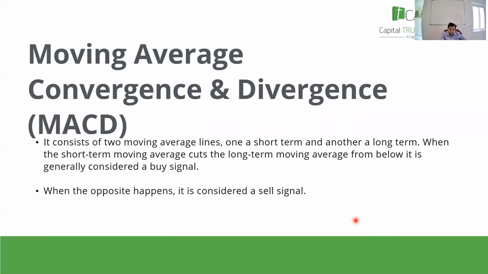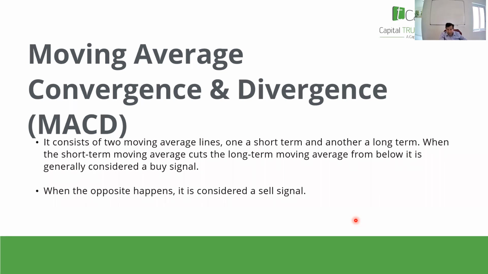Usually the long term one is an EMA, an exponential moving average, and the shorter term one is a simple moving average. The shorter term one we call the fast moving average, and the longer term one is called the slow moving average because it varies slowly.